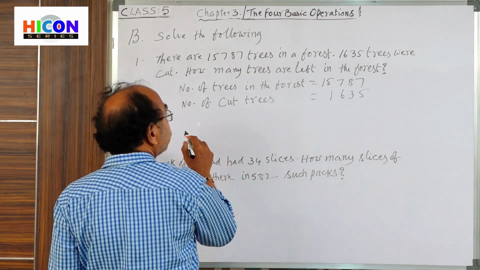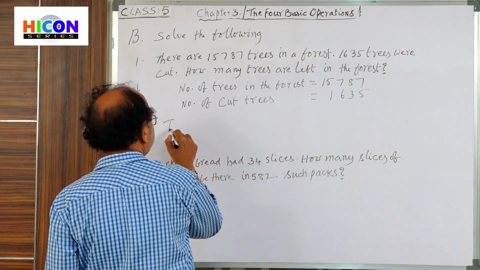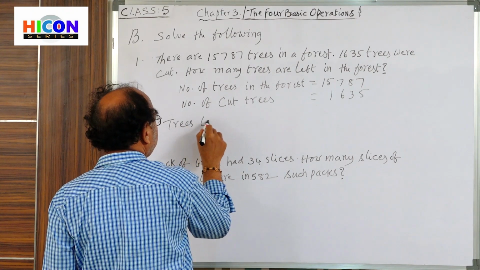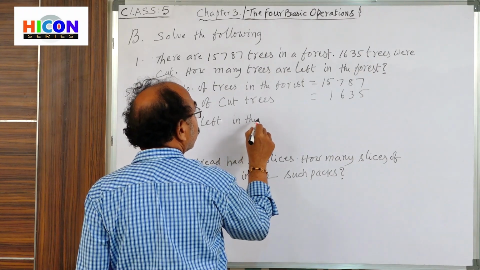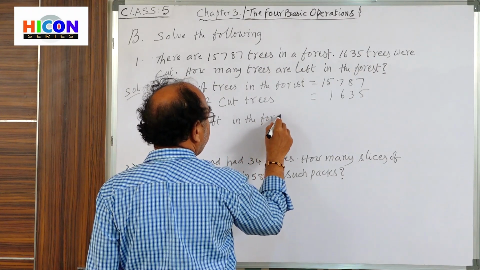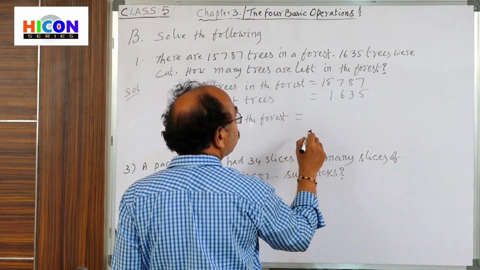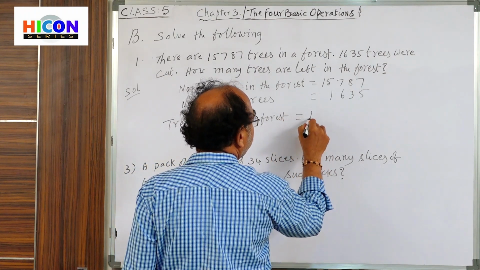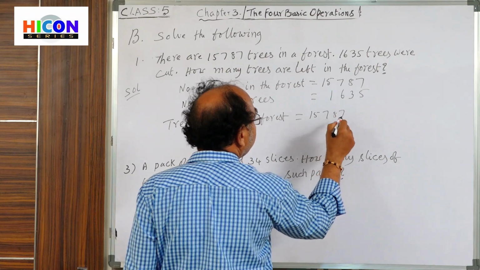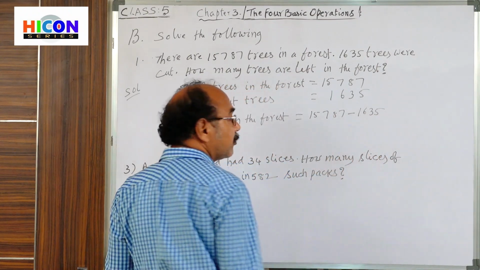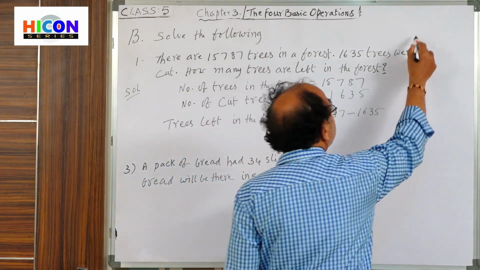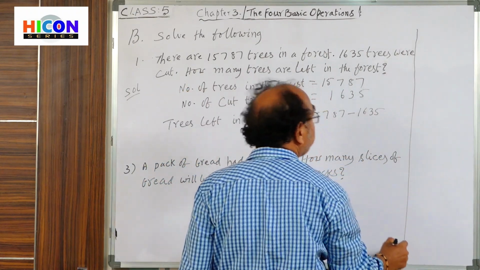So trees left in the forest is equal to 15,787 minus 1,635. So in the margin you can show the subtraction.